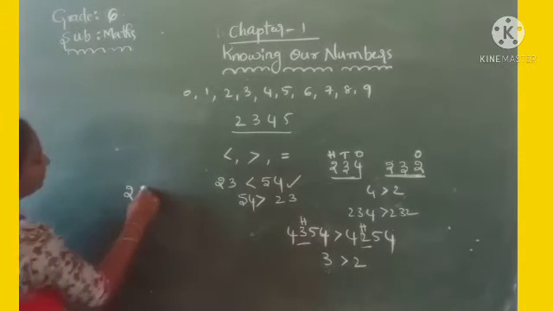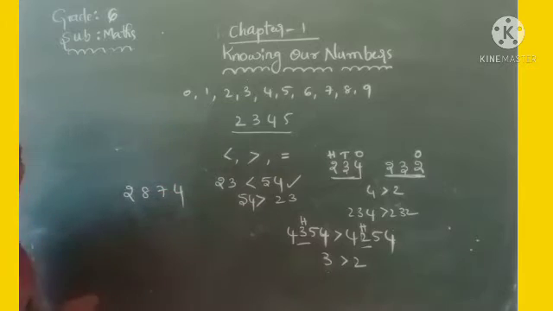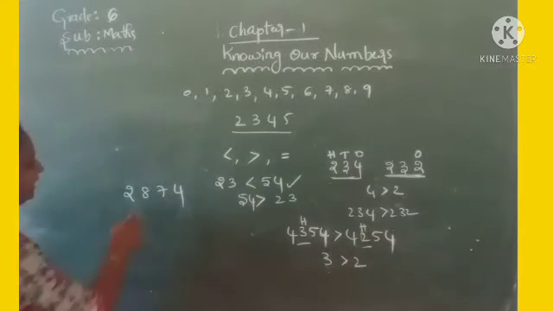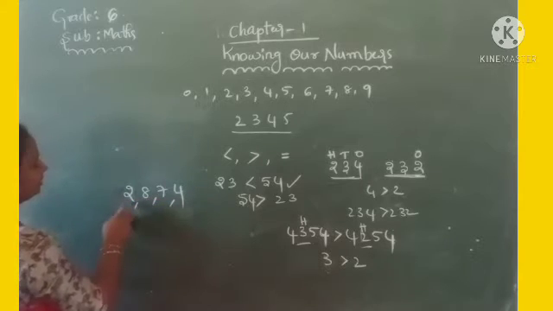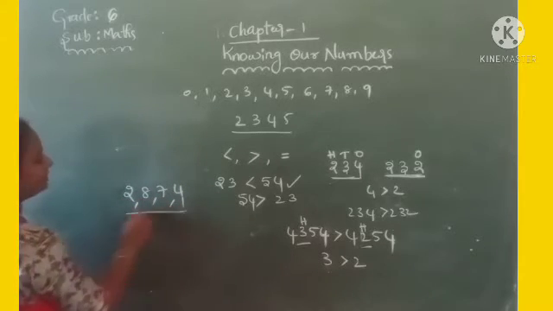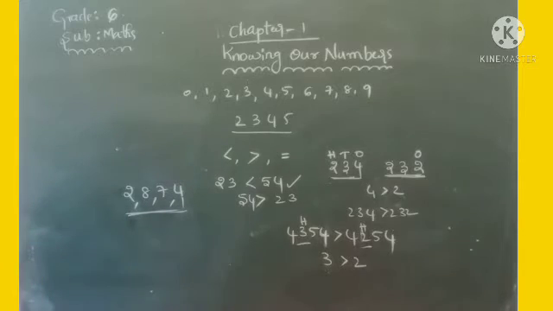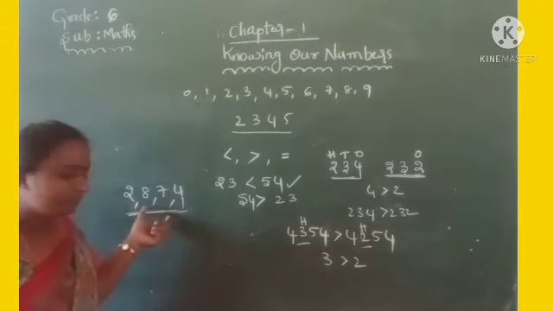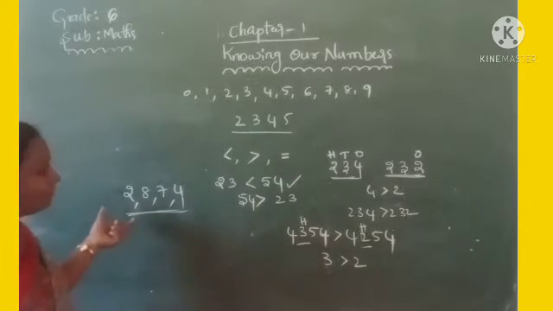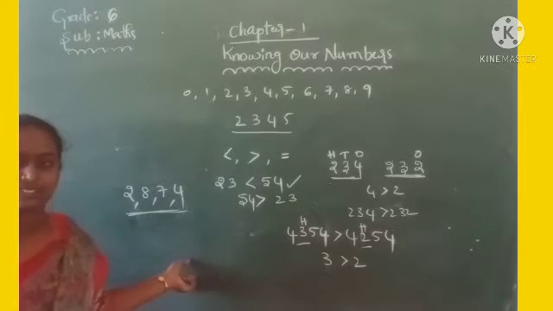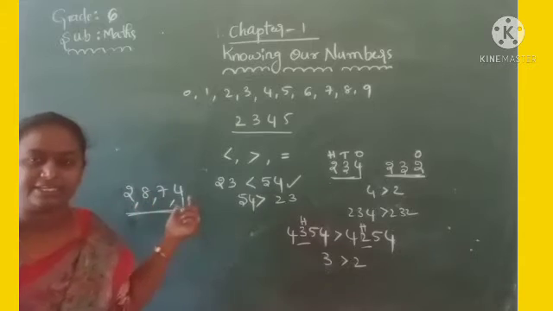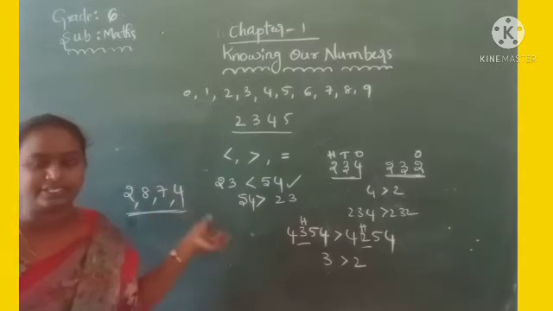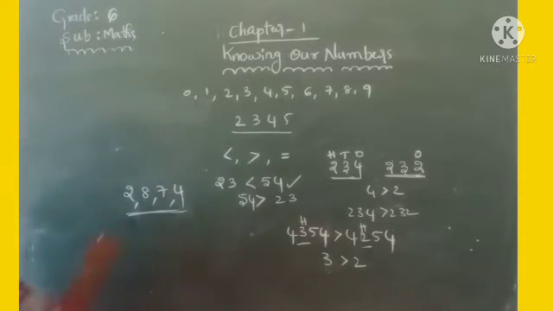Suppose 2874. These are the separate digits, 2874. Using these 4 digits, you have to form one greatest number and one smallest number. One condition is that no digit is repeated. That means one digit is not repeated 2 times or 3 times.